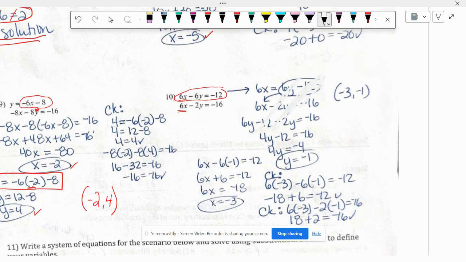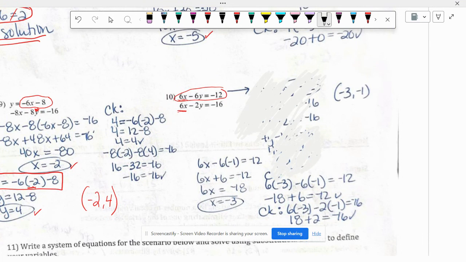I'm actually going to work this one out just so you can see what I did. I'm whiting it out, because this is a cool thing about using substitution, if you have the option to match up variable terms with their coefficients.